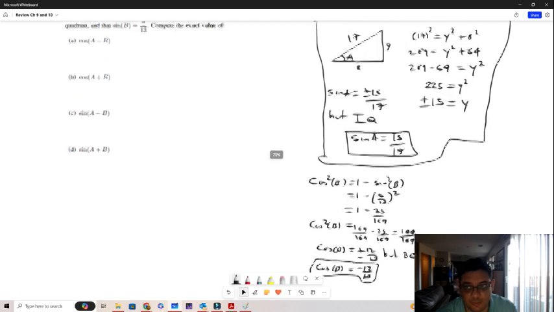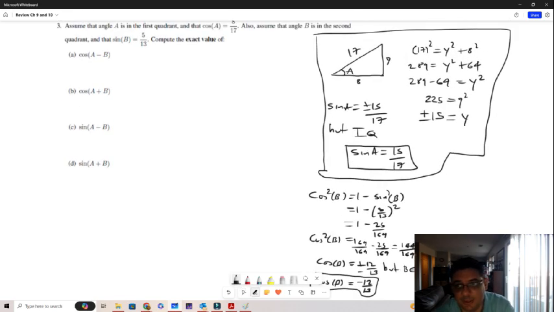I just need to plug back in. So this is going to be cosine of A cosine of B minus sine of A sine of B. And so cosine of A I have here is 8 over 17. Cosine of B is minus 12 over 13. And then minus sine of A, 15 over 17.